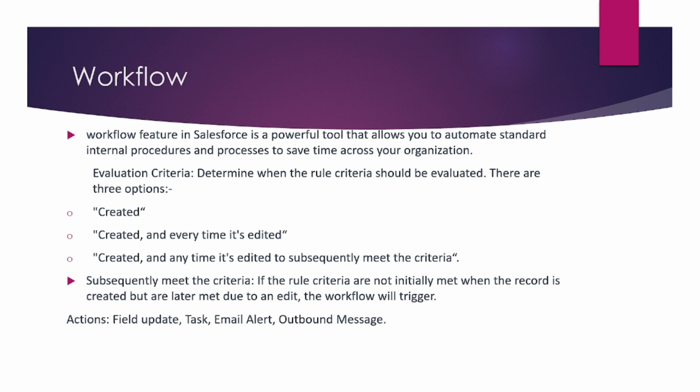Created and every time it's edited means whenever you create a record in your org and every time you edit a record in your org, your workflow will fire. Created and any time it's edited to subsequently meet the criteria means when you create the record in your org, initially your criteria is not meeting, but when you update your record, now the criteria is meeting.